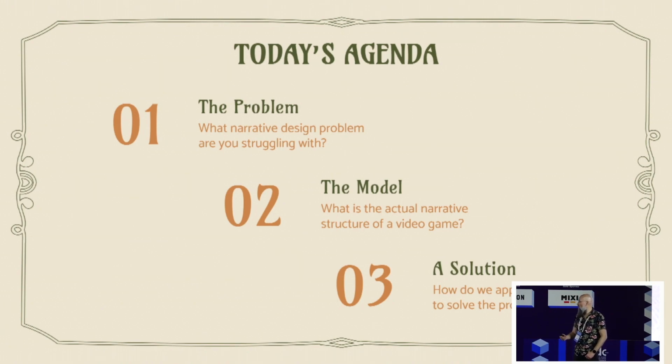Right? So I'm going to walk you through it. But basically, my objective here today is to talk about interactivity, what it means in video games, and how that can be used in your games.